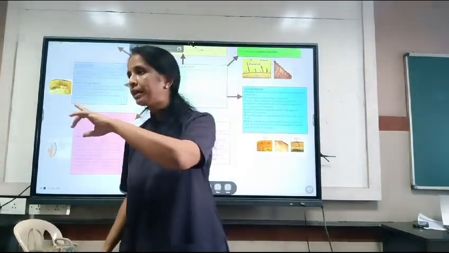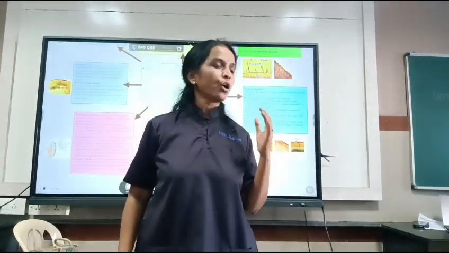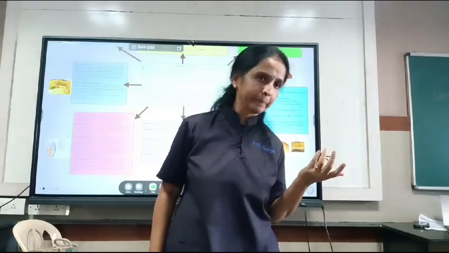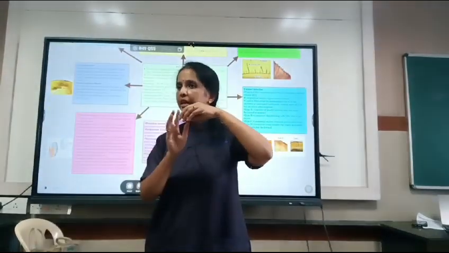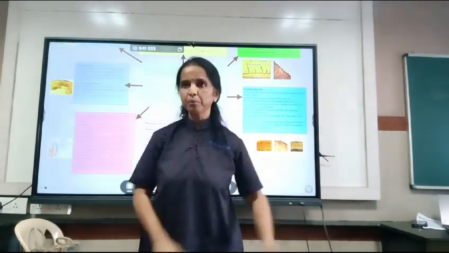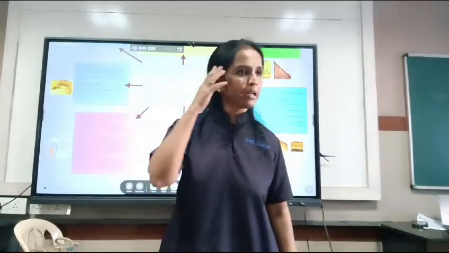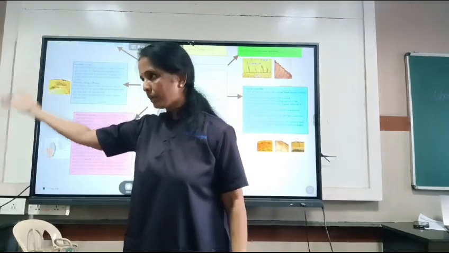Rods. All of you agree? Rods are functional units of enamel. Rods are also called prisms. All of you would have seen a prism. A prism is a 3D triangle. So it is also given the name prism. So you can also think of it as rodless enamel seen in the outer layer.